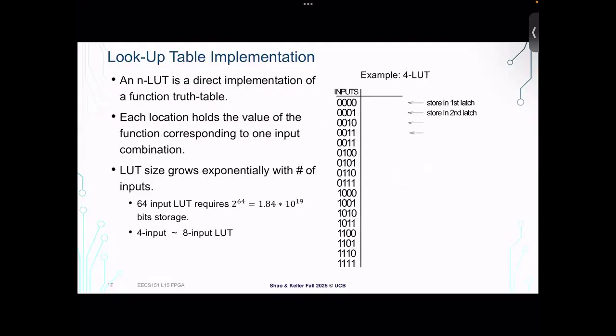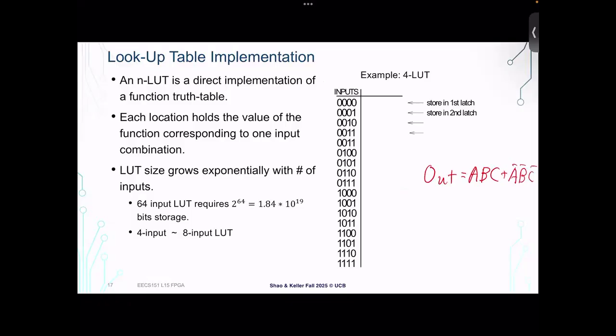Okay, let's do a quick example to see how you would program a LUT for a particular function. Let's say we wanted to program a function like this: A, B, C plus A bar, B bar, C bar.